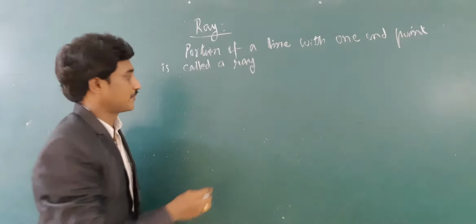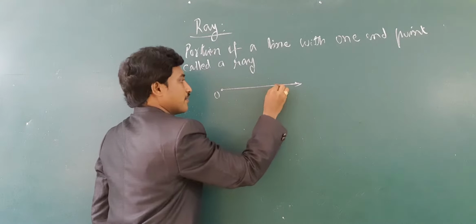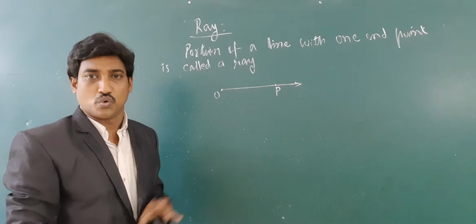For example, here OP is a ray, it is a portion of a line with one endpoint O.